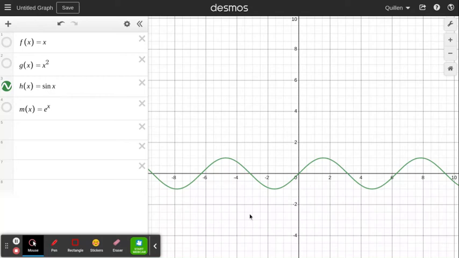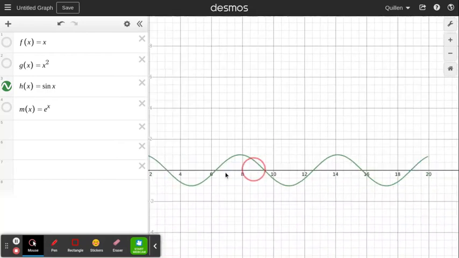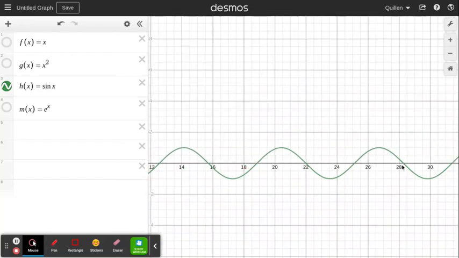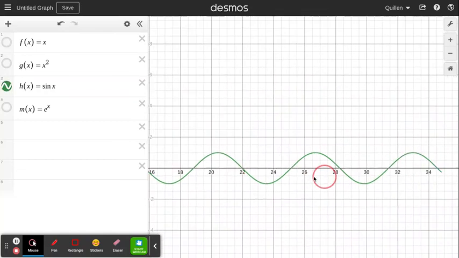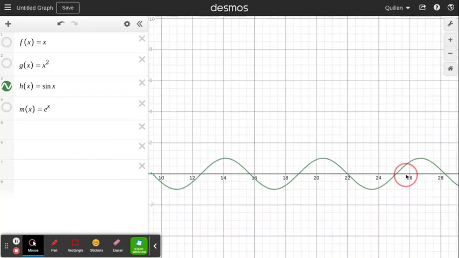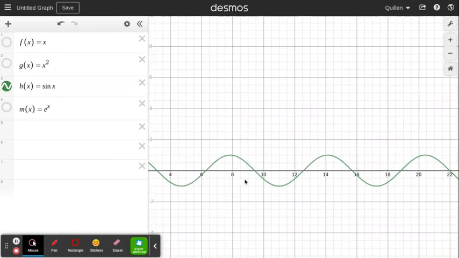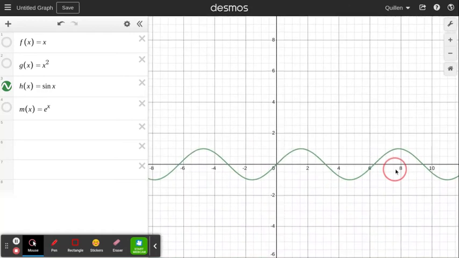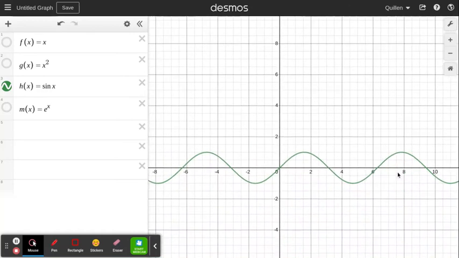So then, what does it approach as x goes to infinity? If we went all the way in this direction forever, what would it look like we were getting close to? Well, we can't really say. We don't know if when we get to positive infinity, we're going to be at a crest or a trough or right in the middle on the axis.